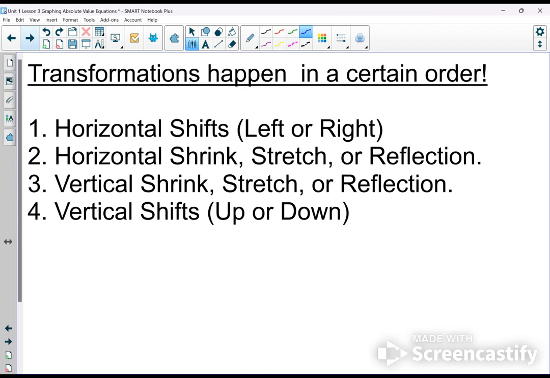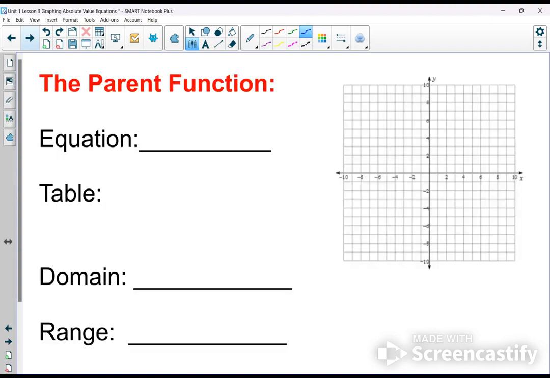We want to talk about our horizontal shifts left or right first. Then we want to talk about our horizontal shrinks, stretches, or reflections. Then we can move to the outside, the vertical. We could talk about our stretches, shrinks, or reflections. The absolute last thing you want to do anytime you're describing or graphing is shift a graph up or down. Today, we want to specifically discuss the absolute value function.